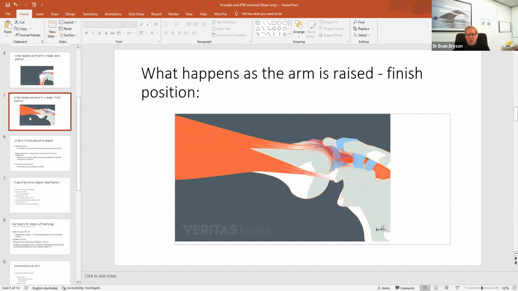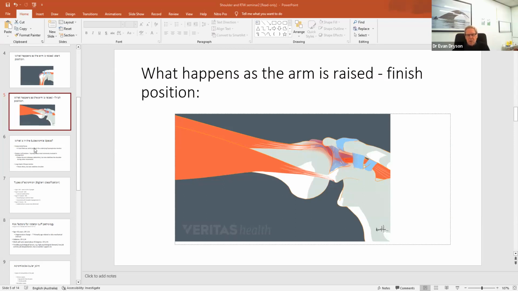So through the subacromial space, there are various tendons, the rotator cuff tendons, which pass between the acromion and the top of the humerus in order to attach into the humerus and make the arm move. Now, what we've got here is what happens when you raise your arm sideways.